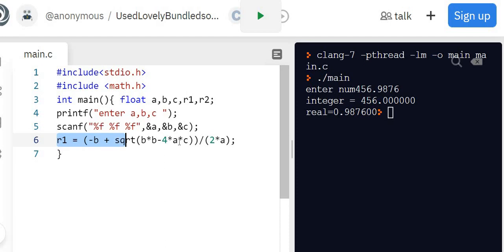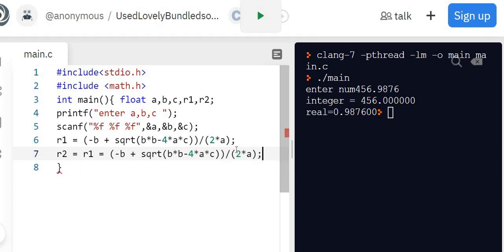Exactly similar second equation with the sign change. So r2 is equal to, here the sign will be minus. So in this way we get two roots. Now we have to print the two roots.